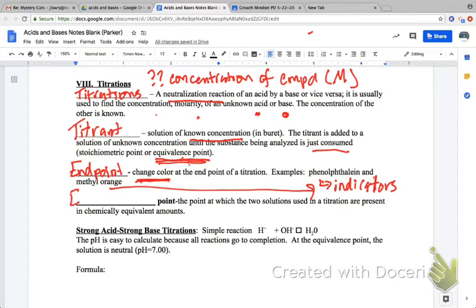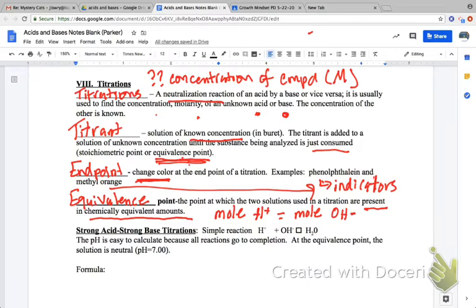By definition, the equivalence point is a point at which the two solutions used in the titration are present in chemically equivalent amounts. So if we're doing an acid and a base, the equivalence point is whenever your moles of hydrogen ions is equal to your moles of hydroxide ions.